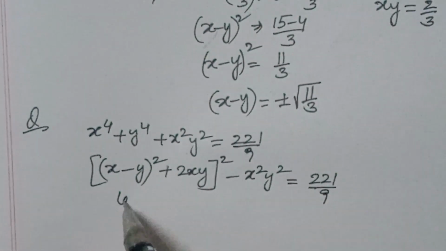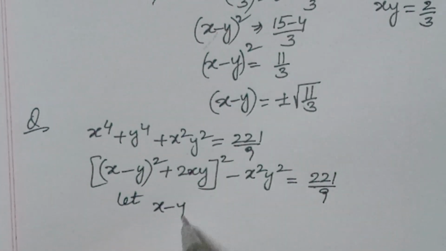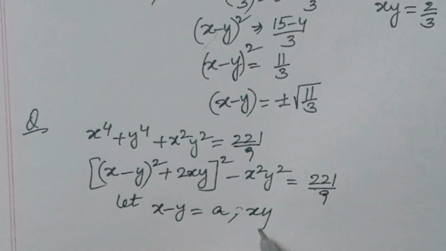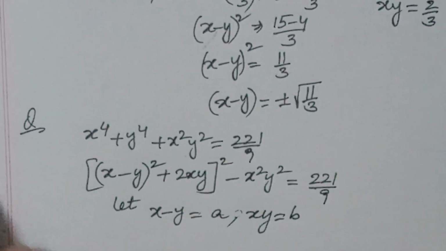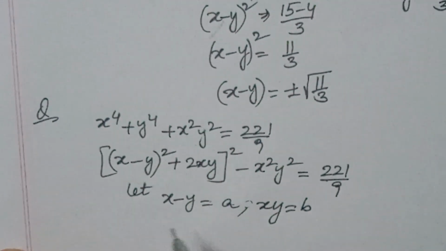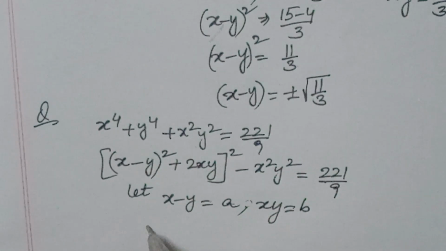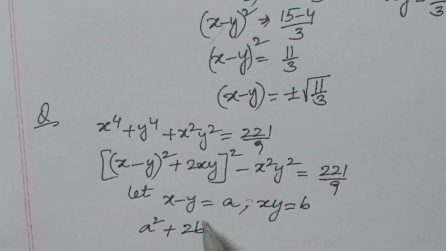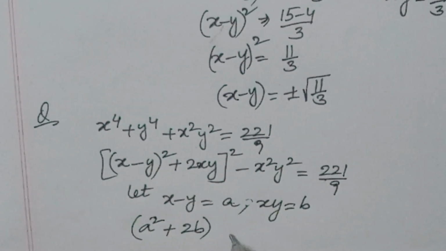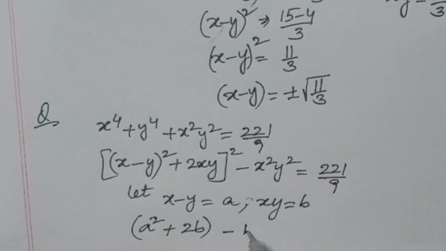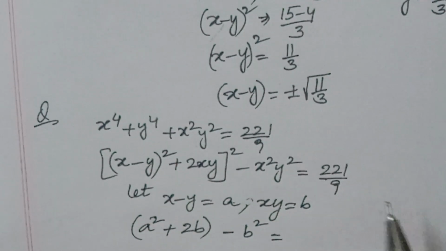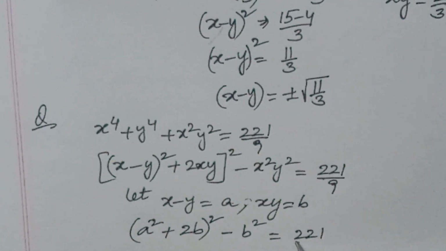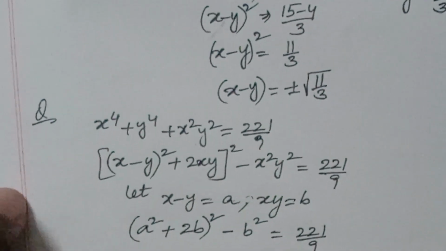So let us take x minus y is equal to a, xy is equal to b. So (a square plus 2b) whole square minus b square is equal to 221 by 9.